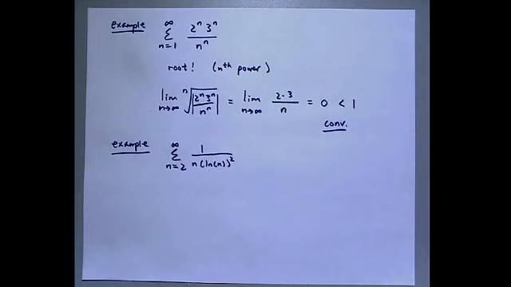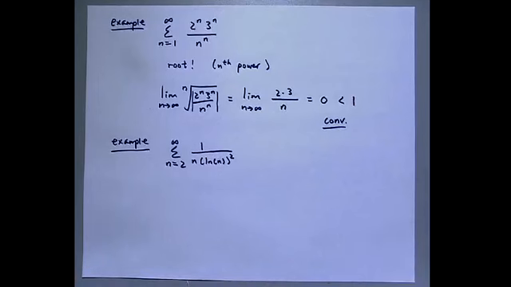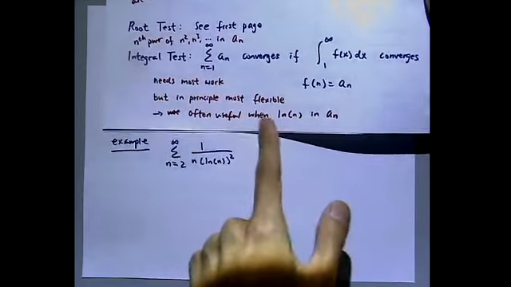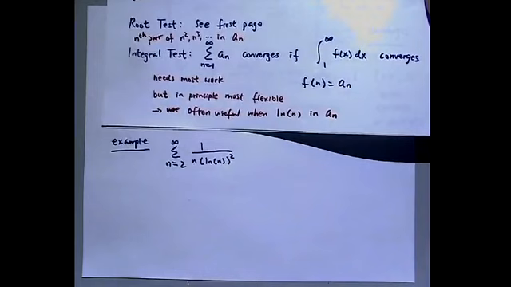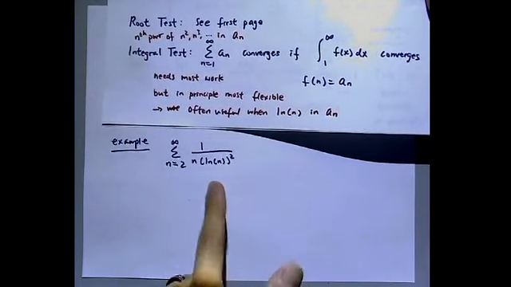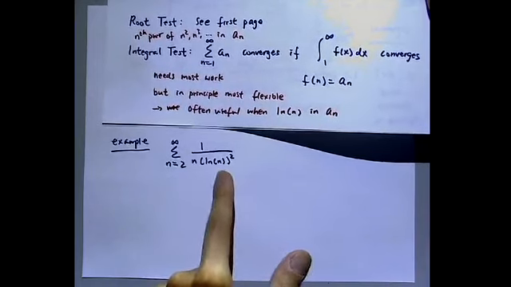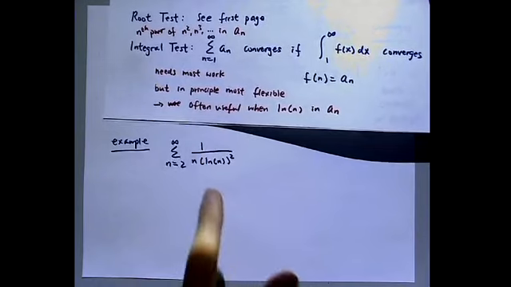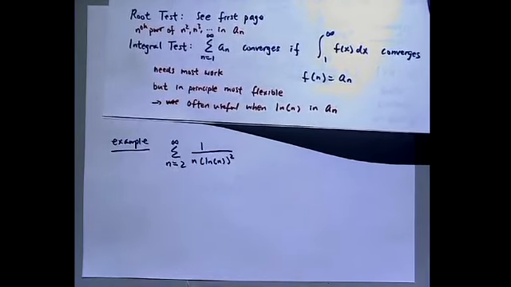One over n times natural log of n squared. And this is one case where you might want to consider an integral test. Because notice that the derivative of natural log of n is 1 over n. So we can integrate this with a substitution.